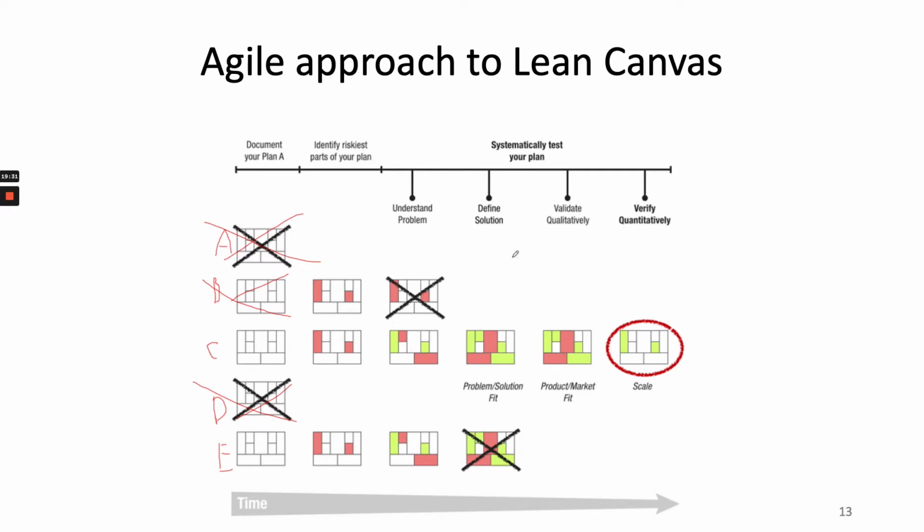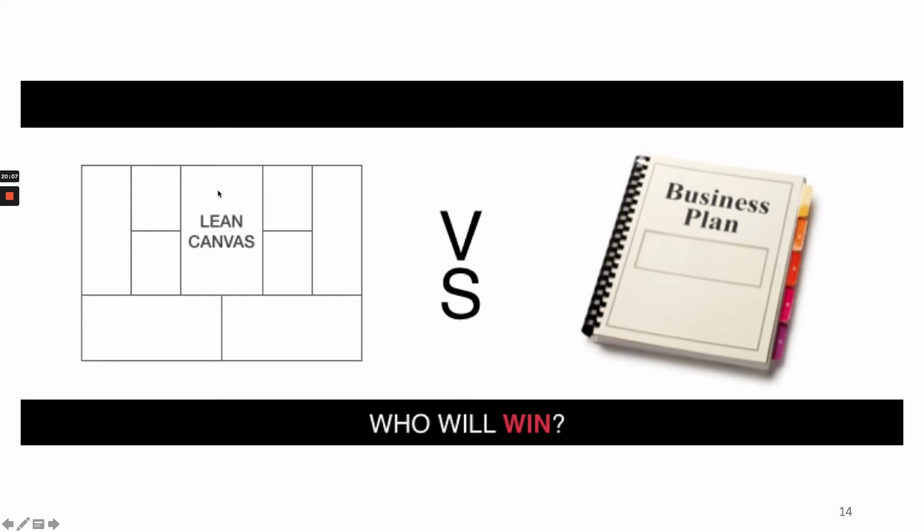Then I try to define the solution, and I think okay, this would be very expensive, so no idea E, and you end up with idea C, which is very suitable for you, your company, and the development. So in this iterative approach, you will find the right idea to actually create. And when you test your idea, you will use the agile approach as well. I'll tell you why this is good.